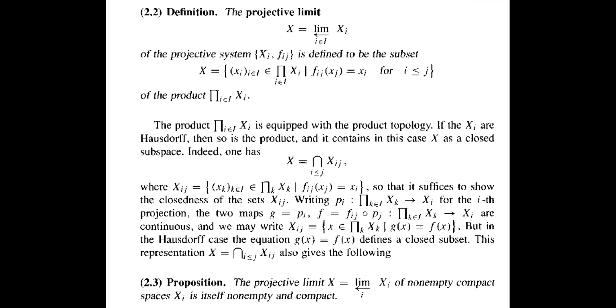So, definition: the projective limit of a projective system is defined to be the subset of the product of the topological spaces. The product is the product of sets, and the topology is the product topology.